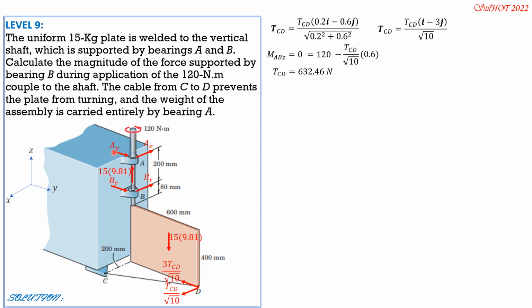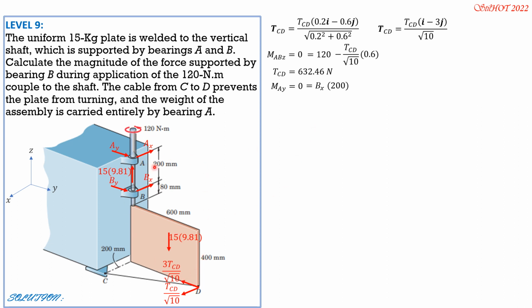Then moment about AY first, set to 0. By right thumb rule, positive sense would be that sense. So BX is positive. BX times 200. Then 15 times 9.81 passes through the AY axis because this vertical axis and this vertical plane lie on the same plane.